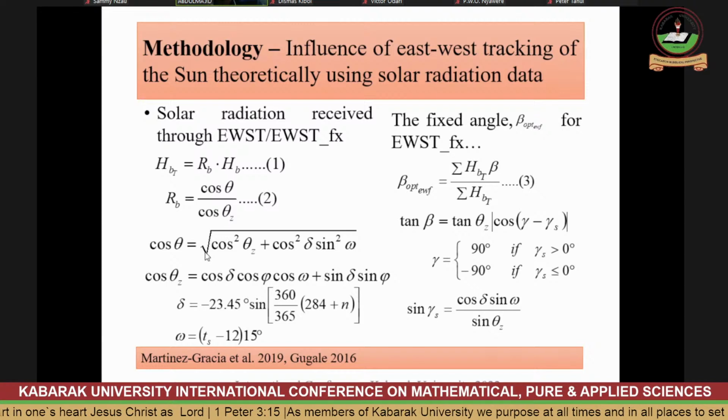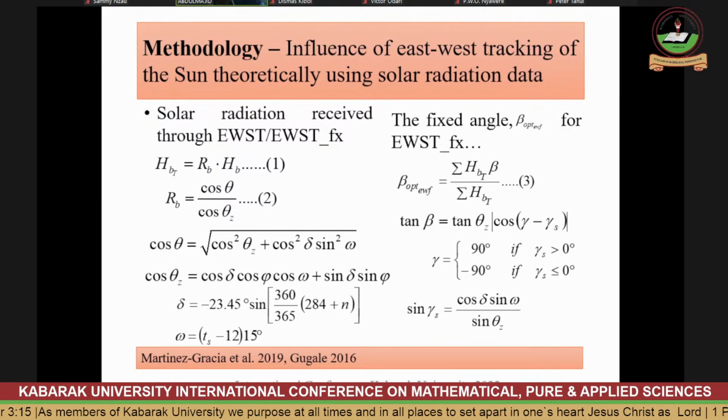Theta z is the zenith angle, calculated using that equation, where omega is our hour angle and delta is the declination angle, calculated using this equation, where n is the number of the day, starting from 1 to 365.